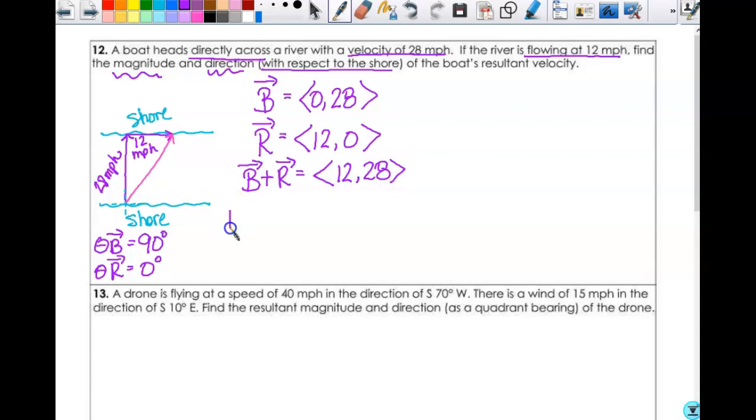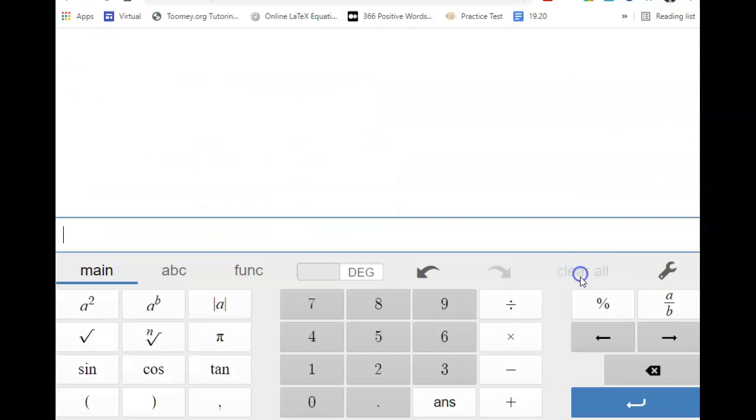So then the magnitude of the boat plus the river vector is going to equal the square root of 12 squared plus 28 squared. We can go ahead and do that on the calculator. So I'm going to clear all this mess off.